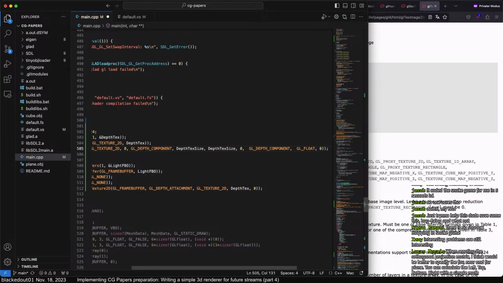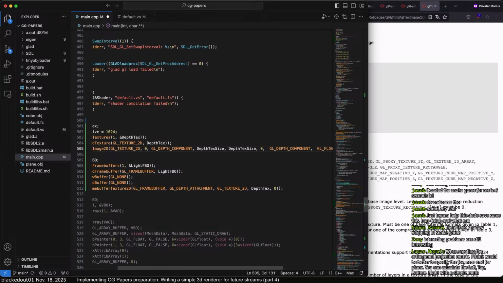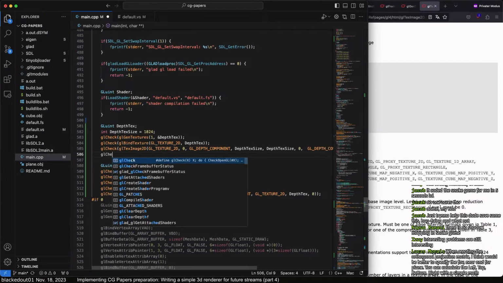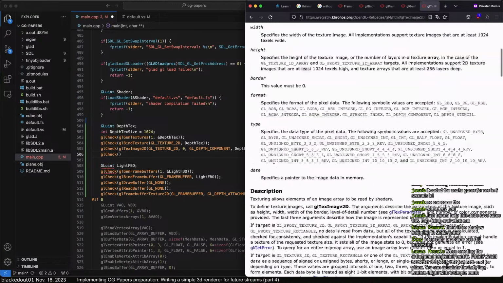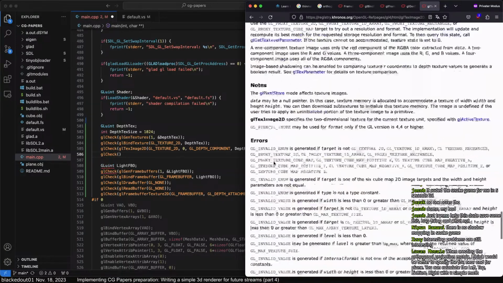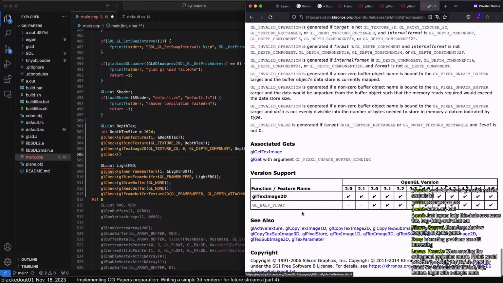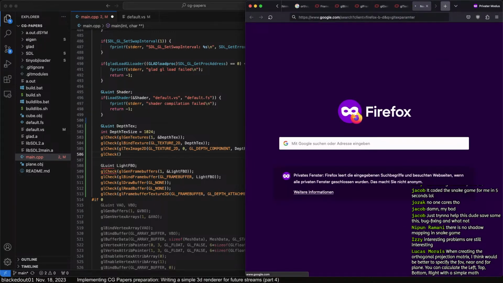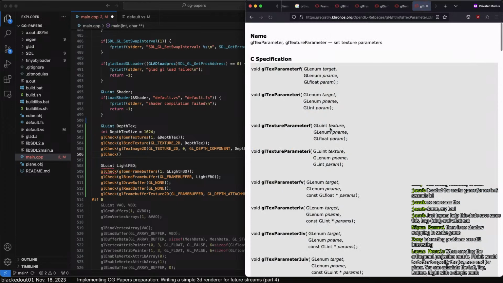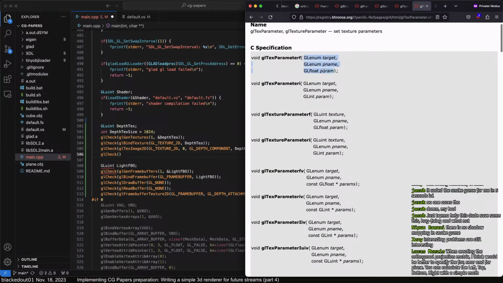Like this, and this is something I don't understand as well. You have to specify these texture parameters, glTexParameter, where you basically say how the texture should be sampled.